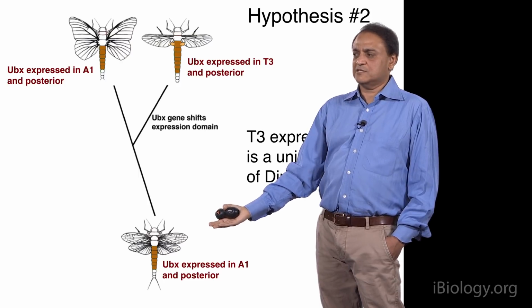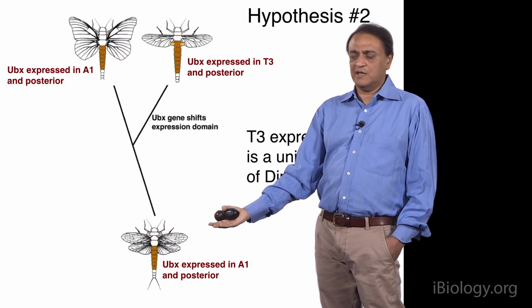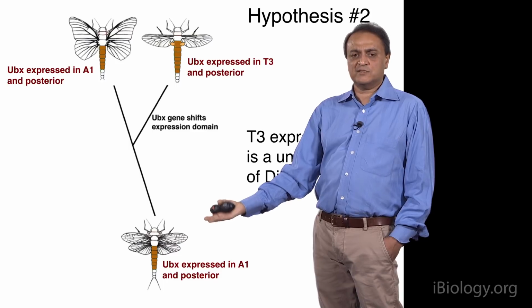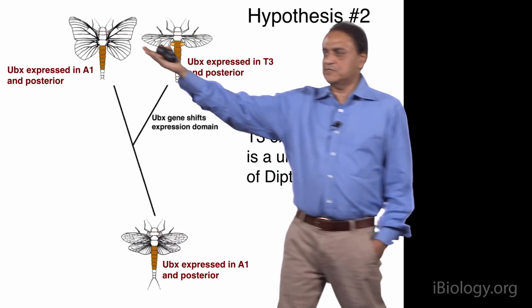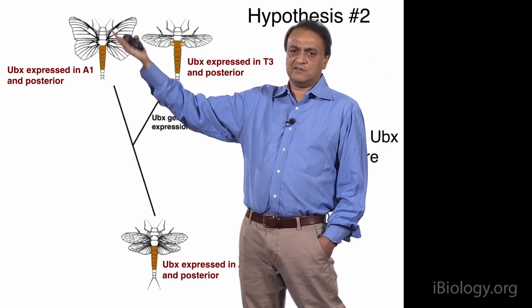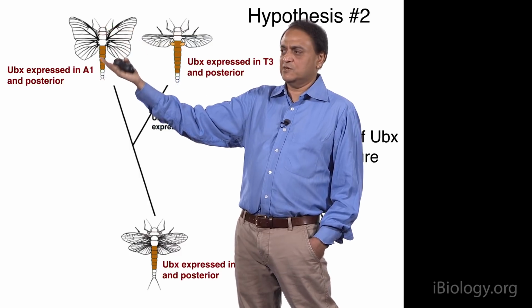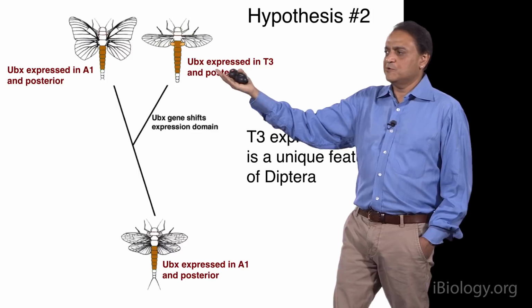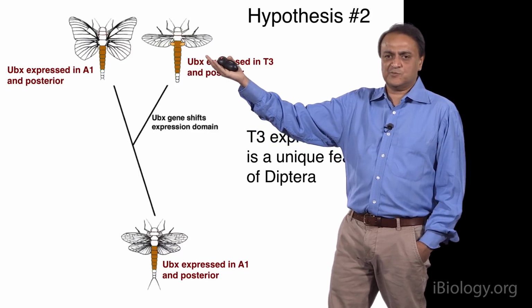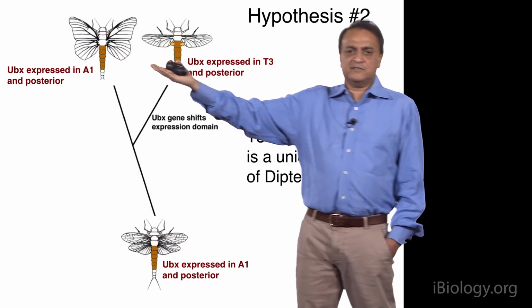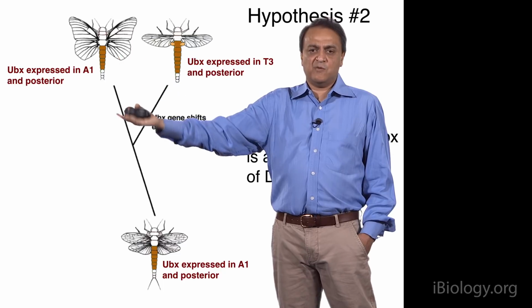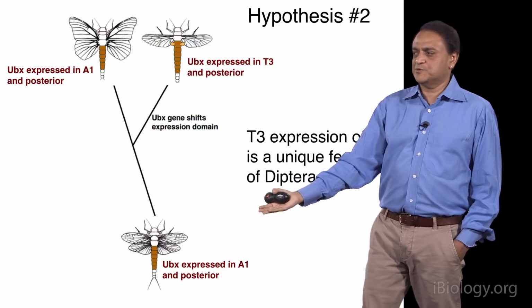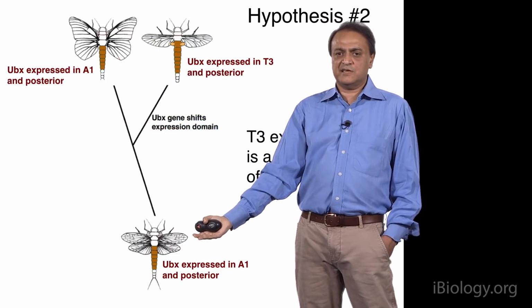So UBX is no longer expressed in T3. So then T3 has a pair of wings on it like T2. And we would see the same pattern in extant insects with two pairs of wings like a butterfly. So the difference between a butterfly and a fly would be that in flies, UBX is expressed from T3 on back, but in something like a butterfly, it's expressed from A1 on back. Okay? And that's presumably then also telling us something about this ancestor.